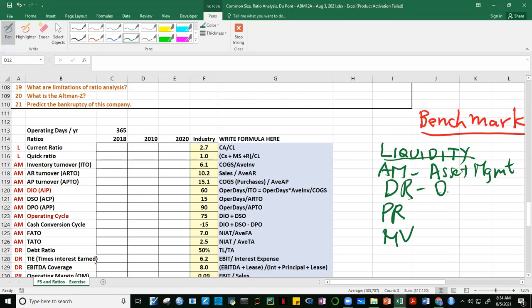Okay, then you have also debt ratio. How well is the company able to leverage by using debt? Okay, sabi natin may purpose yung debt, may gamit din yan, no?